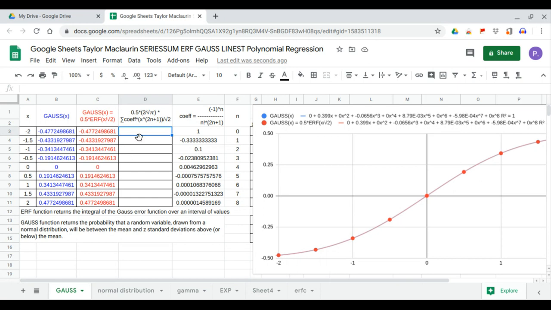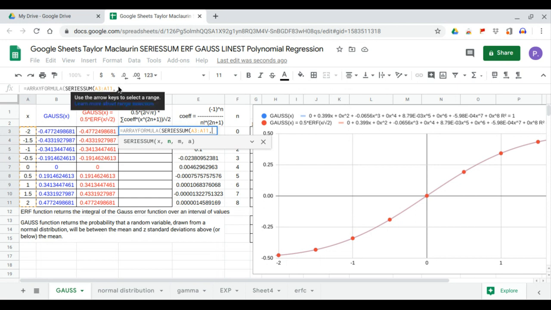So this is equal to series array formula, SERIESSUM of the x values to the power, what's the starting power? At 0, x will be raised to the power 2 times 0 plus 1. So that's 1. So our value for n is 1.